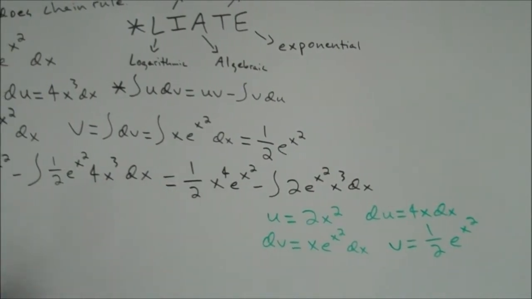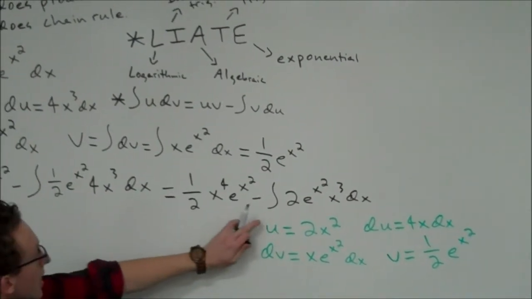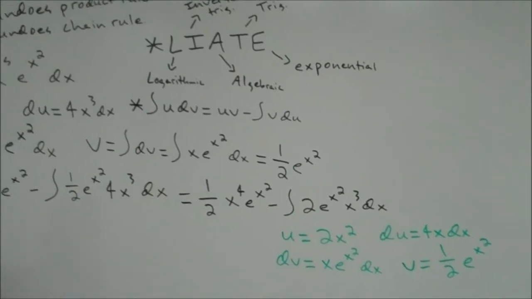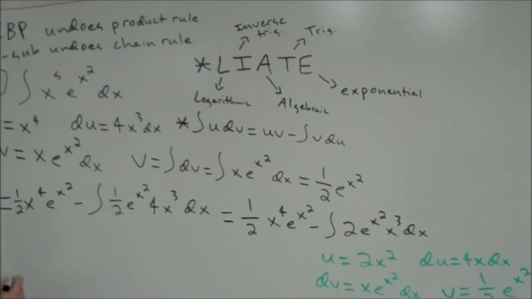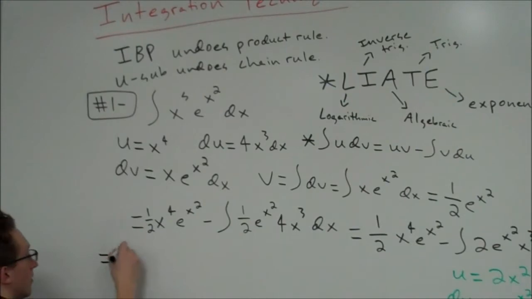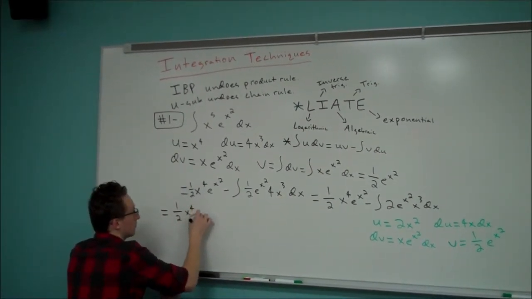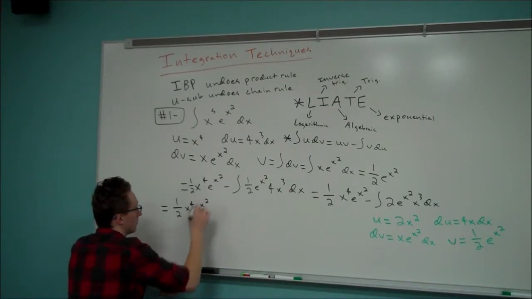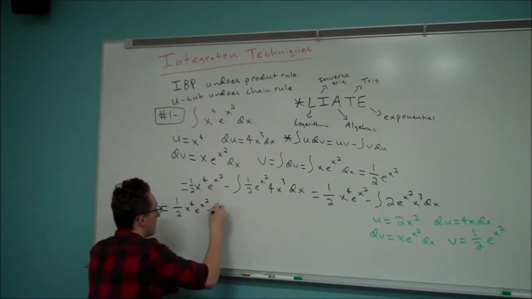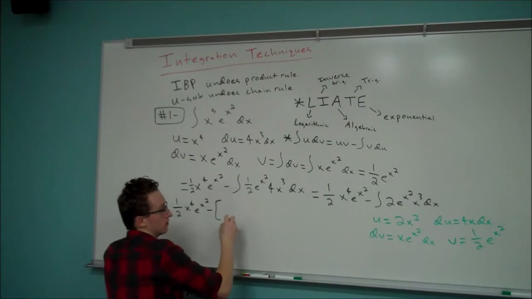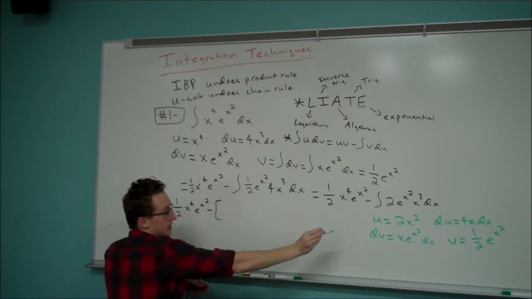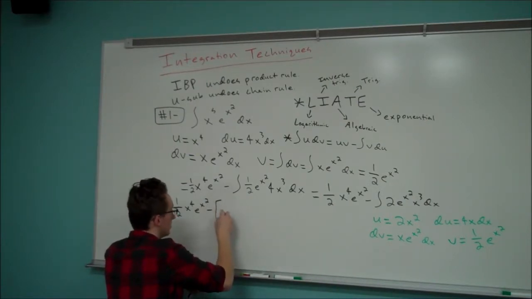Okay, so now we have to go back and we are going to do IBP on this second resulting integral, but the piece out front will remain the same. Minus uv. U times v, I see the 2 and the 1/2 cancel out.